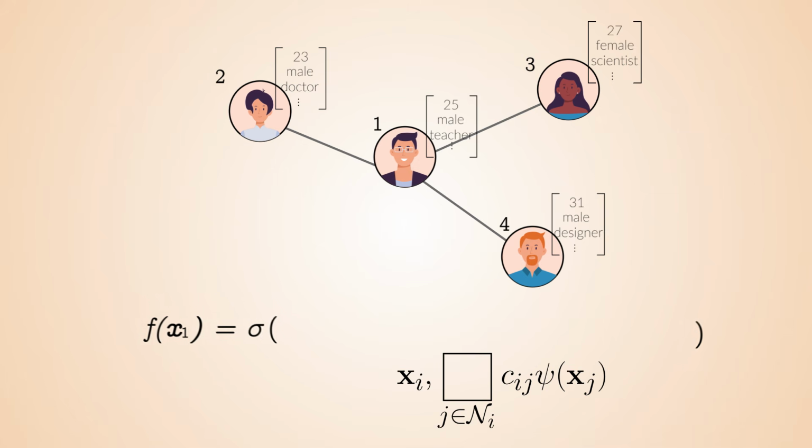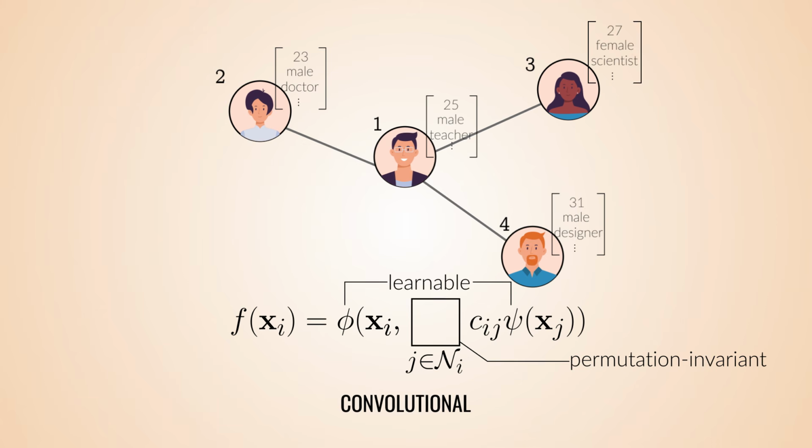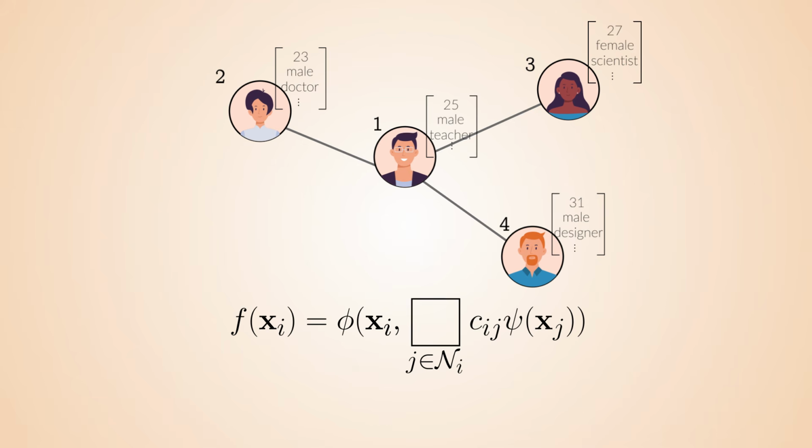We can also denote the outermost nonlinear function as a general learnable function. And here, we arrive at one of the three general flavors of graph neural network layers: convolutional, where the weights of neighbors are fixed based on the structure of the graph.